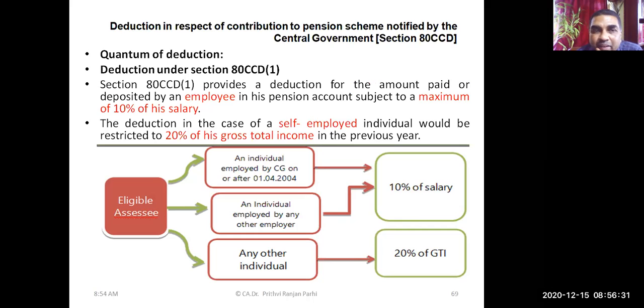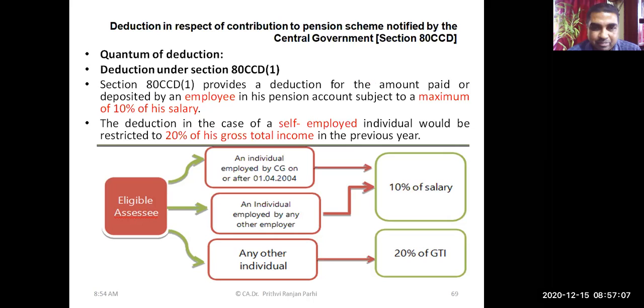How much deduction can one claim? 80CCD(1) provides deduction up to a maximum of 10% of the salary. This scheme is also allowed for self-employed individuals. A central government employee can contribute 10% of the salary, and the government can also contribute 10%. A self-employed individual can contribute up to 20% of his gross total income to this scheme.